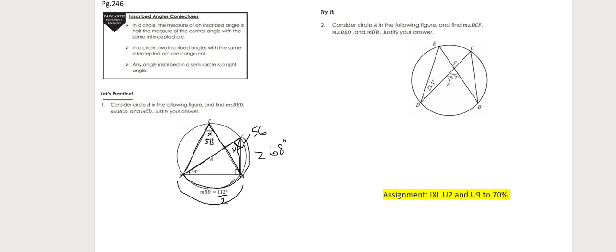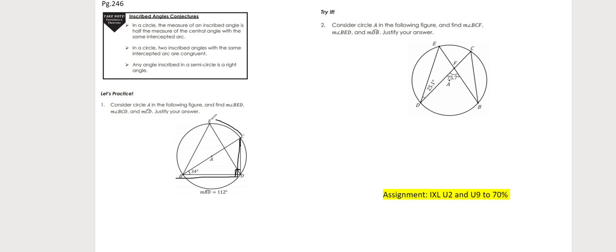Now let's do something else. Let me erase this. Notice I have this angle CDB. If I look at this angle CDB, they're telling you it's 90 degrees. So what does it mean about the arc?